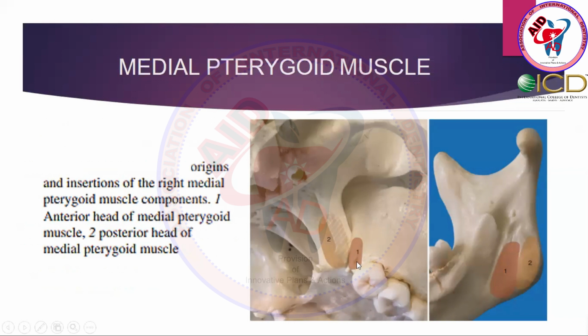That is the origin of the anterior fibers of the medial pterygoid, whereas the posterior fibers get their origin from the lateral and medial pterygoid plate inside: the lateral pterygoid plate, medial surface, and the medial pterygoid plate, lateral surface. Its whole body is the medial pterygoid muscle origin, and the insertion is right here on the angle of the mandible.